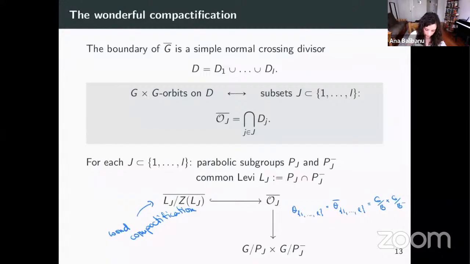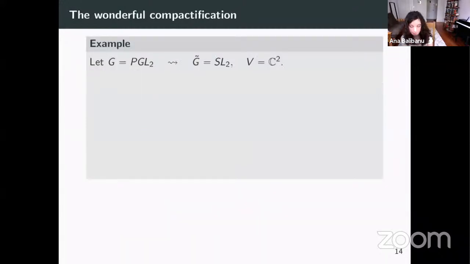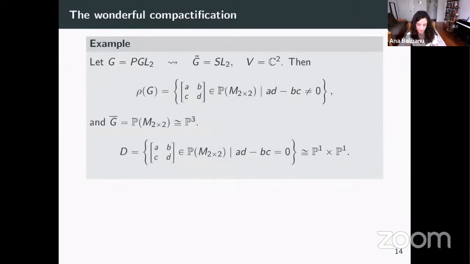Okay, so example, when G is PGL2, a simply connected cover is SL2. And here, every non-zero representation is regular. So I take the simplest one, which is just the standard representation, C squared. And this corresponds to just the usual realization of PGL2 as projectivized 2x2 matrices with non-vanishing determinant. And then the closure of this image of rho is the entire space of projectivized 2x2 matrices, which is just a three-dimensional projective space.